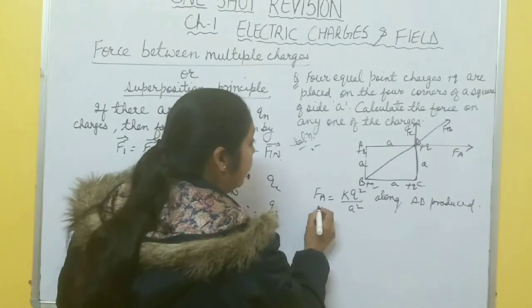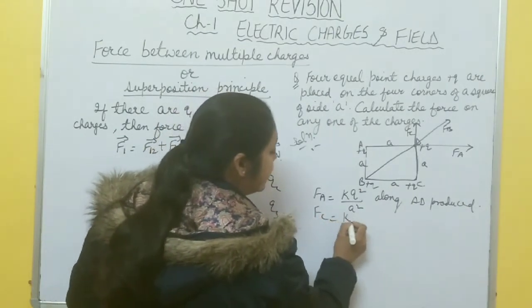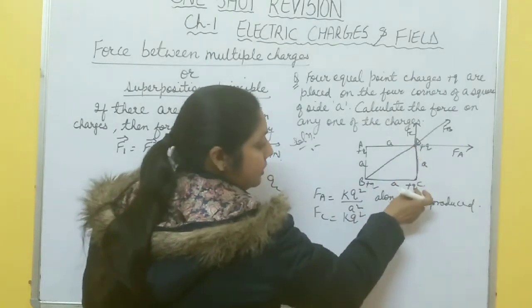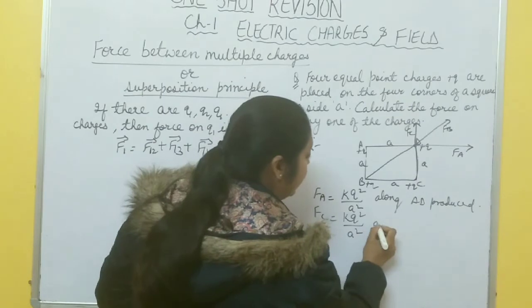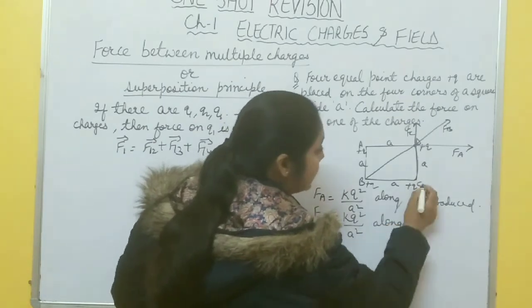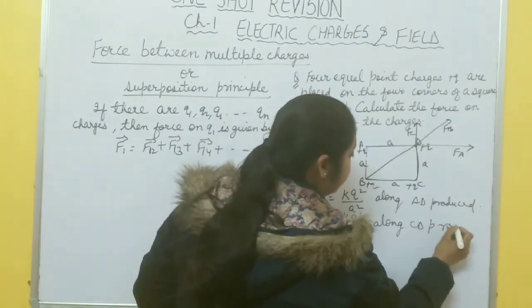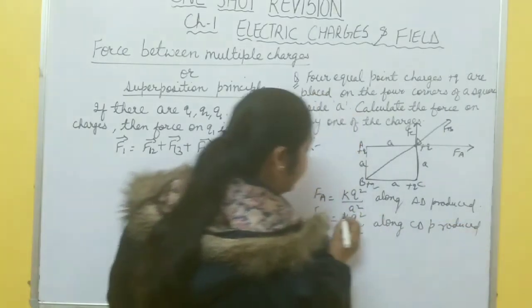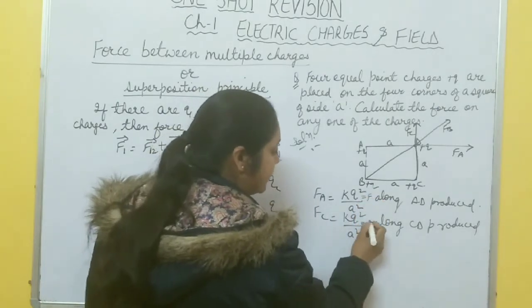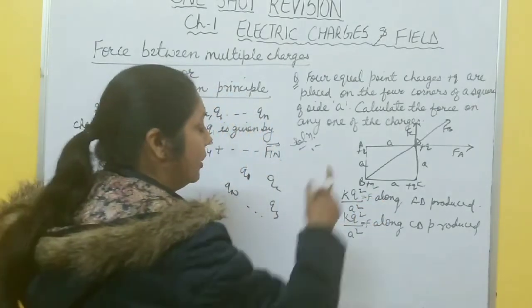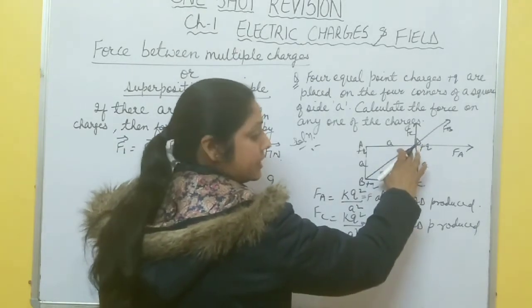Right? Now again FC is K Q square by a square, since the distance is again a, along CD produced, right? It is along this direction, CD produced. And you find that these 2 are the same, so you can write FA is F and FC is also F. Now FB, what is the distance between these 2 charges?